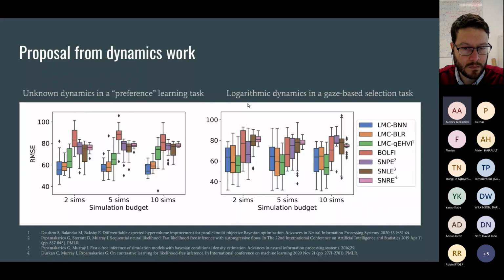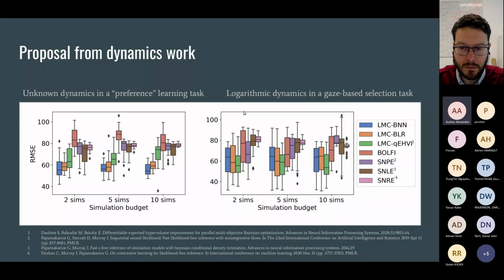And the second case study is where the transition dynamics was roughly logarithmic, and it was the Gaussian-based selection task that I've introduced earlier.